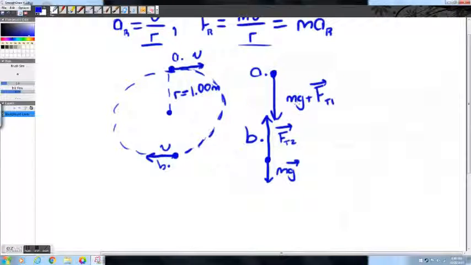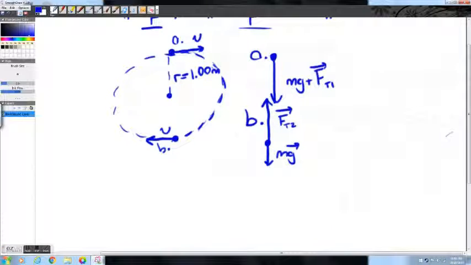So, let's say there's a bucket of mass 8 kilograms, and the person's arm is 1 meter. Probably a little bit long, but not really important.